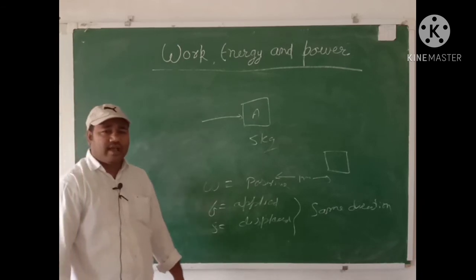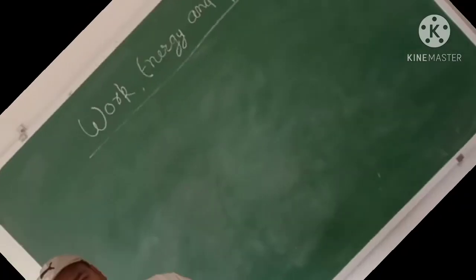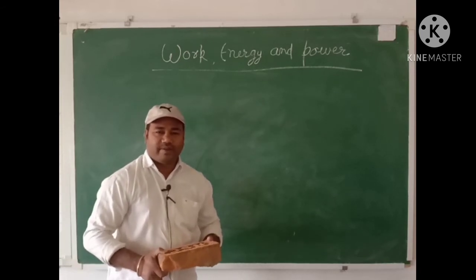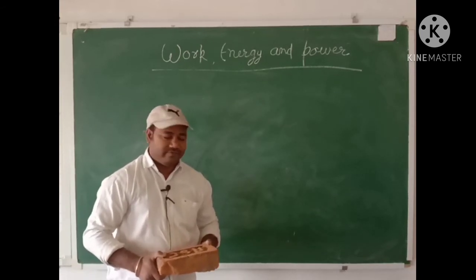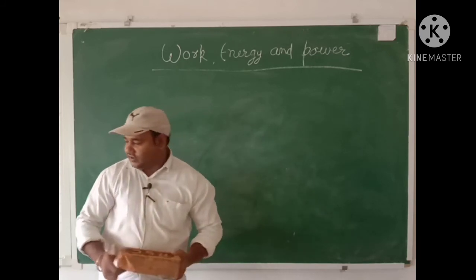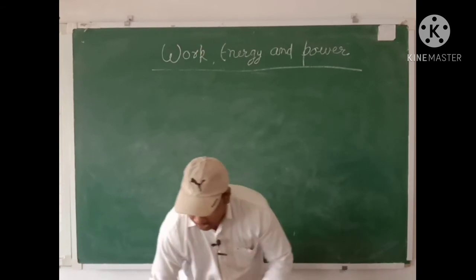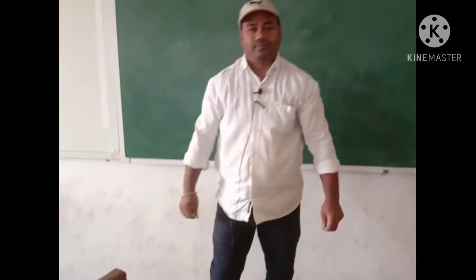Now I am giving the example when the work done is negative. I am taking a brick in my hand. Okay, I am going to explain when the work done is negative. I am putting this chair, and this is the brick on the chair.